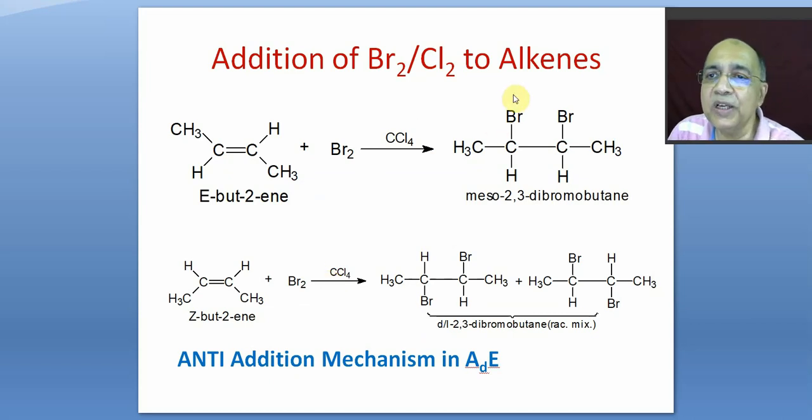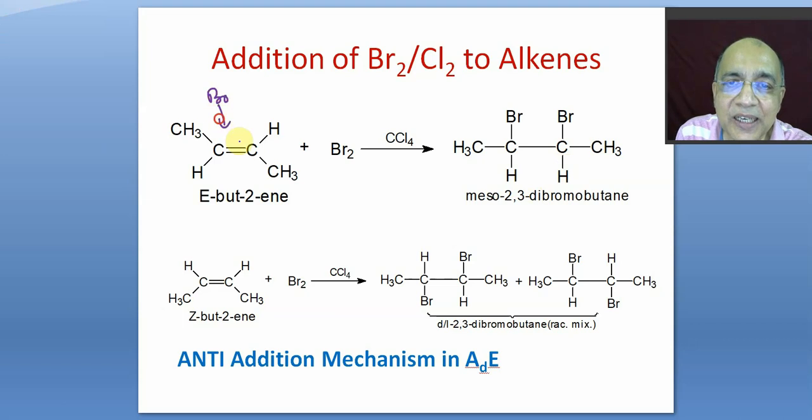Addition of bromine and chlorine to alkenes. This is E-but-2-ene, and the addition is anti-addition. So if I have written here little in a deceptive manner, but when the two bromine will descend in the opposite side, the addition mechanism is anti, this bond will be single bond.